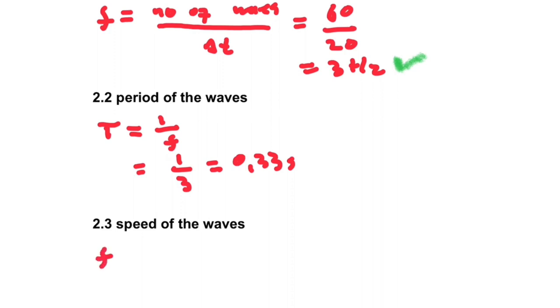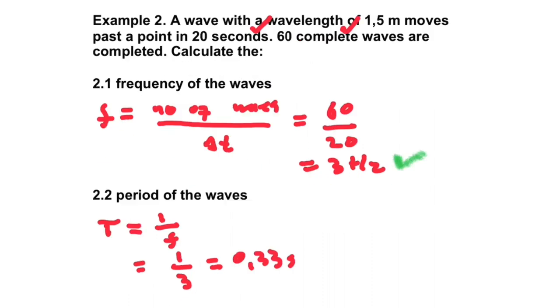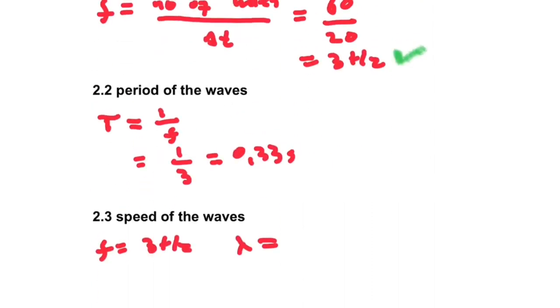And the last question, 2.3, we're supposed to determine the speed of the waves. We have the frequency, which is equal to 3 hertz. We also have the wavelength. It is 1.5 meters. We are interested in the speed of the waves.